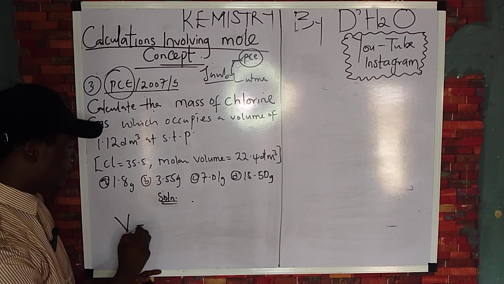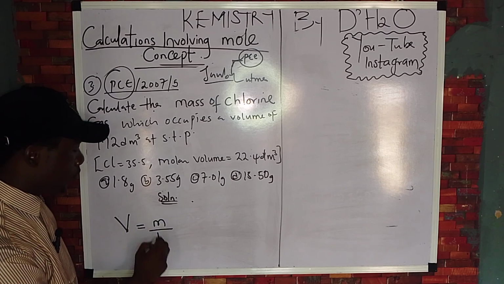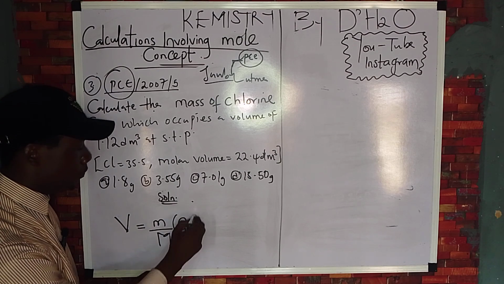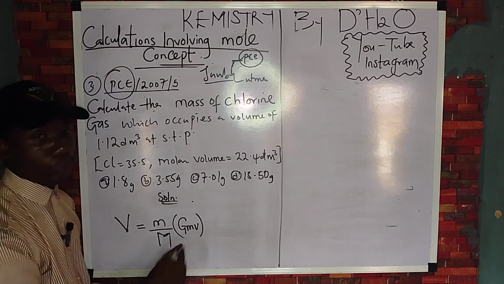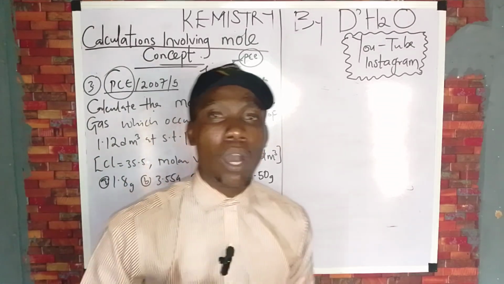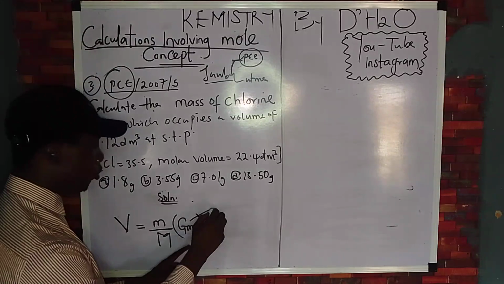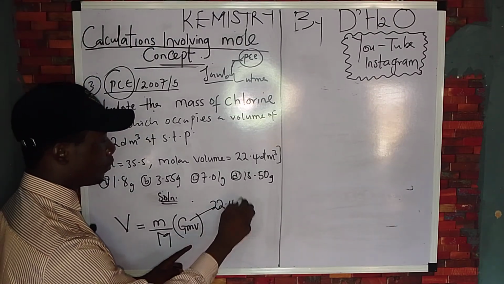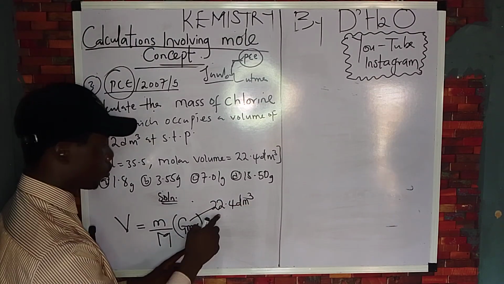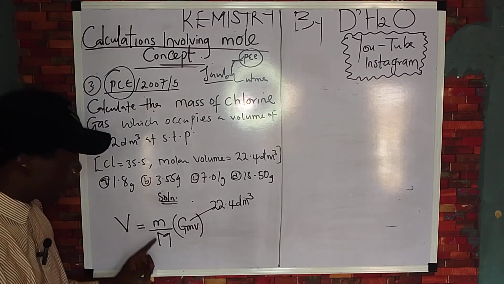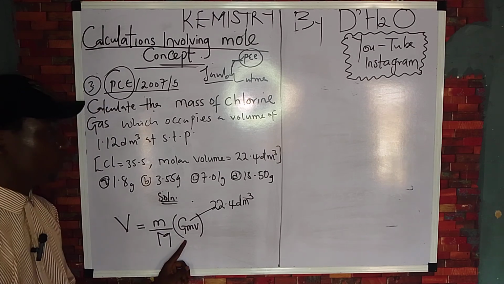Volume is equal to mass over molar mass times your gas molar volume. I told you your gas molar volume is the volume occupied by 1 mole of a gas at STP. And this gas molar volume is 22.4 dm3.